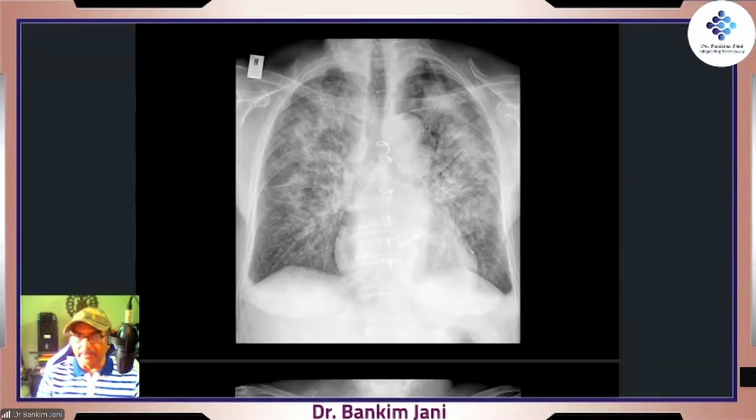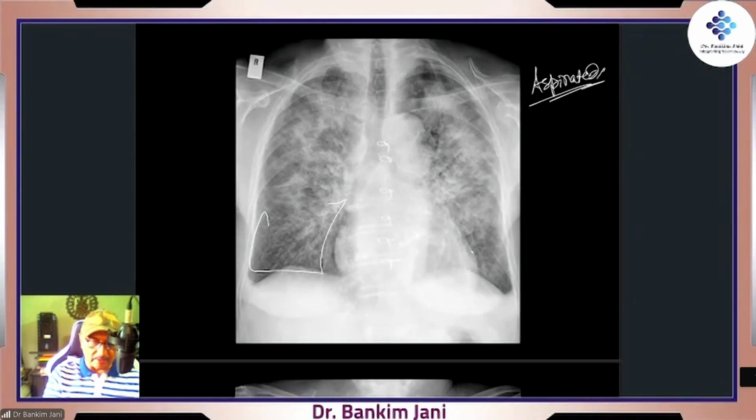Fluid will also go in the right lung, more in the right lung, but it can go into the left also. But in most cases, whenever things are aspirated, you'll find that in 99% of the cases, it is the lower right lobe. This is the area where you see that.